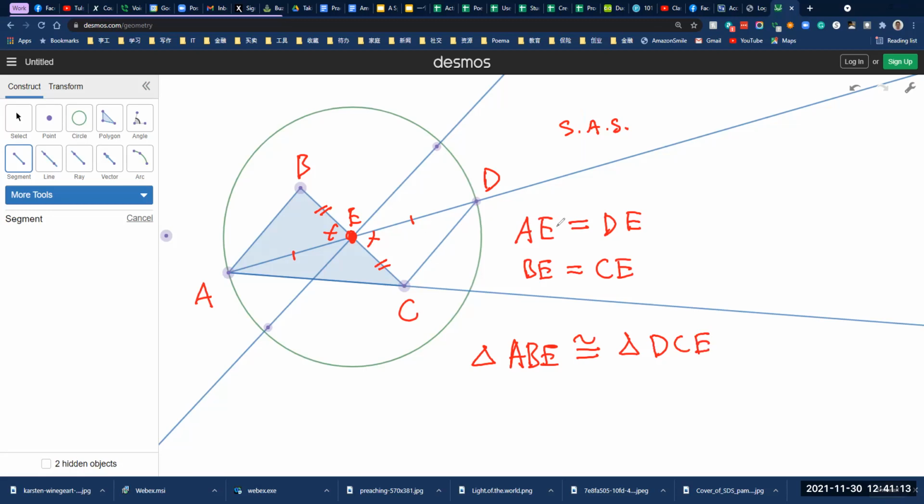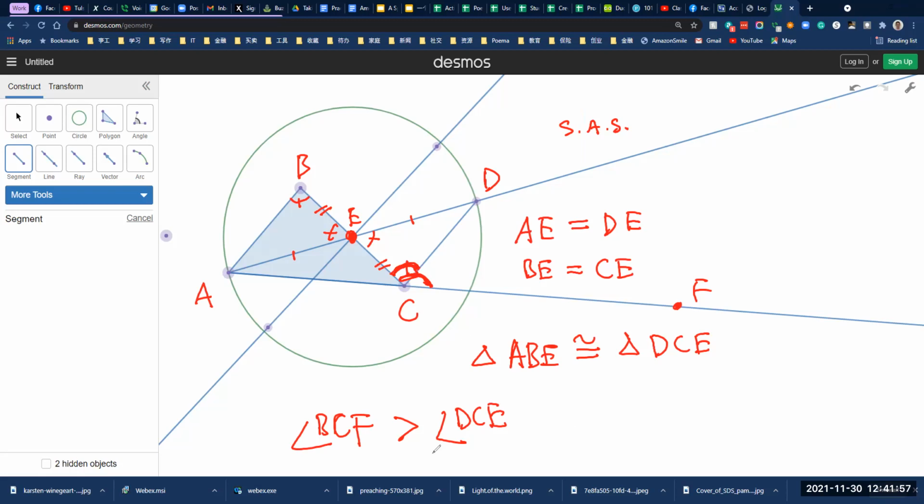Now, if that is congruent, then this angle and that angle have to be congruent, because that's congruency of triangles. Let's put another point here: A, B, C, D, E, F. We know this angle BCF, which is the exterior angle, is bigger than angle DCE.